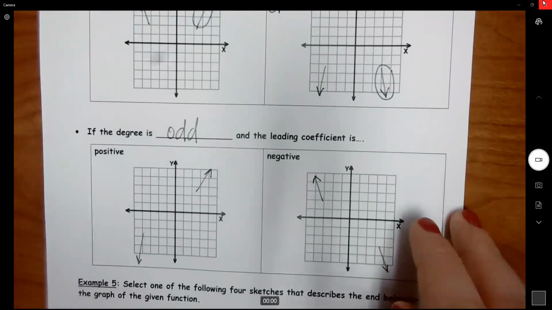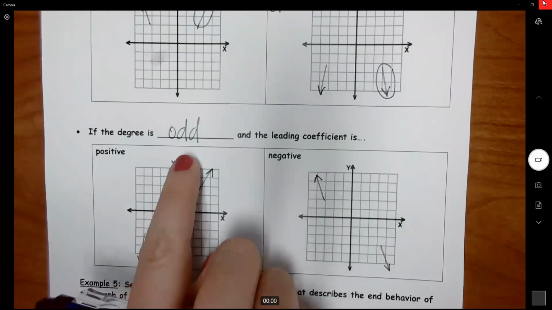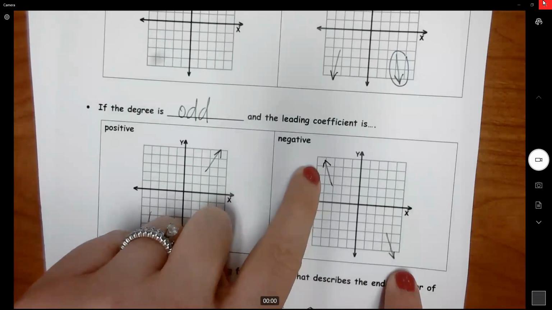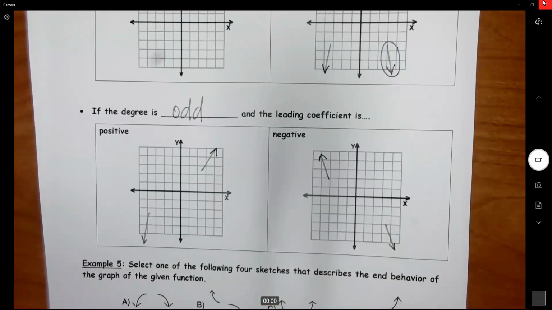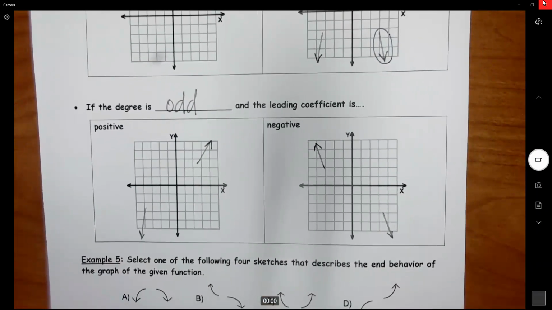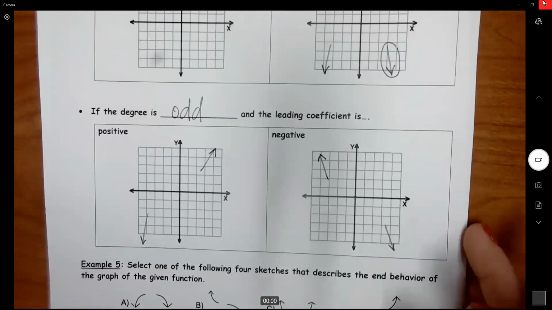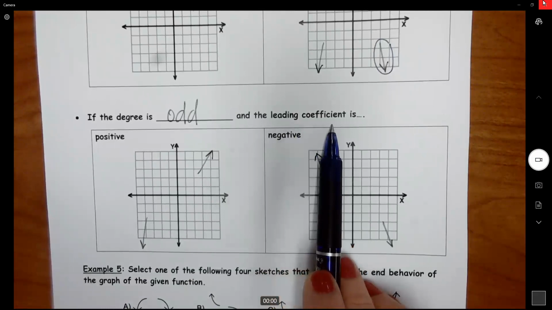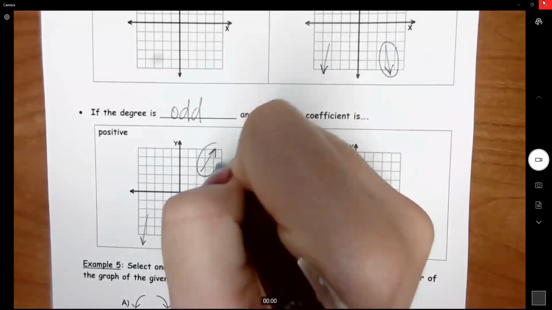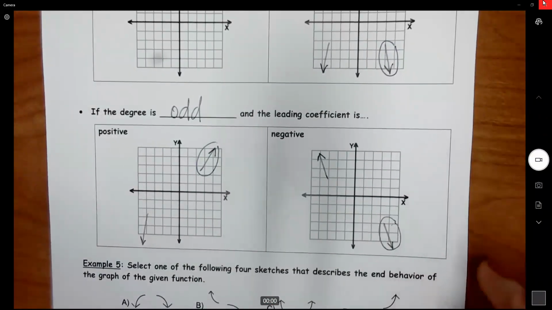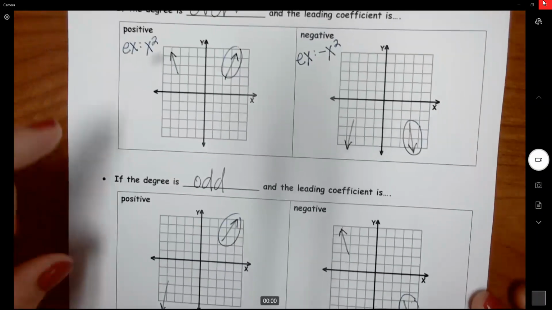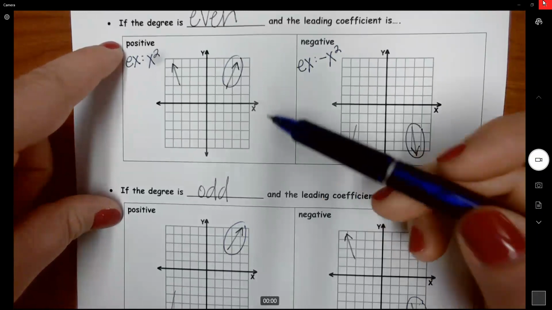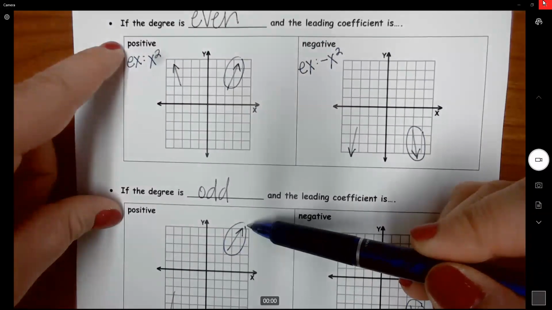So then odd functions are going to be at odds with each other. One's going to start up or down, and it's going to end in the opposite direction. So again, look at that leading coefficient to determine whether it ends up or ends down. When your leading coefficient is positive, it's going to end going up.